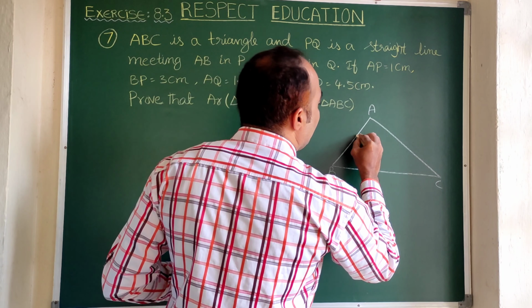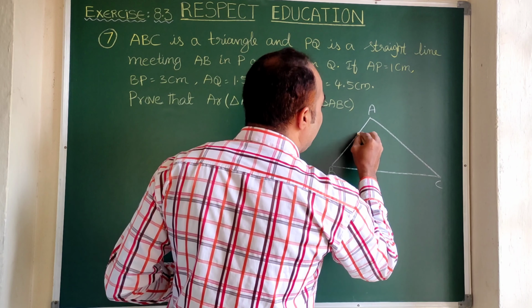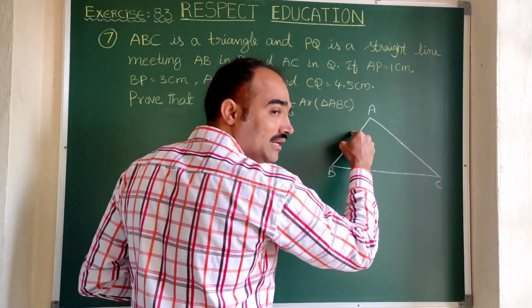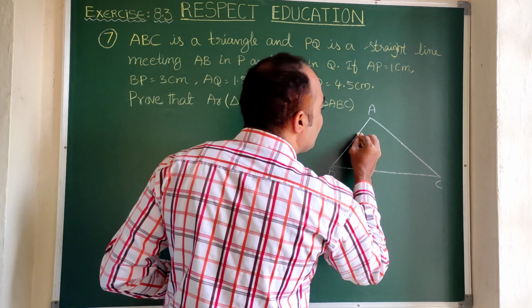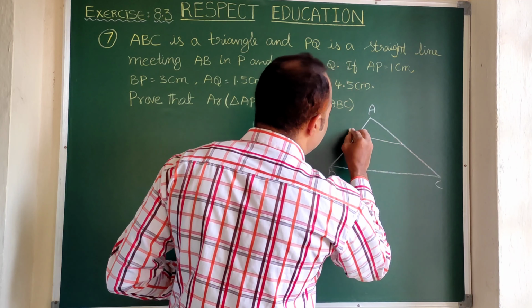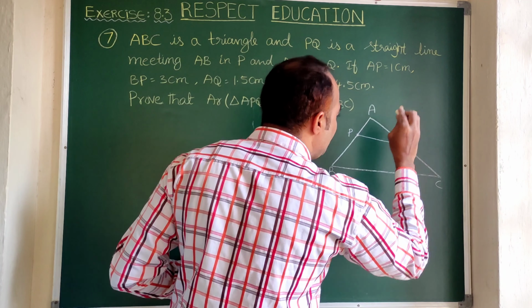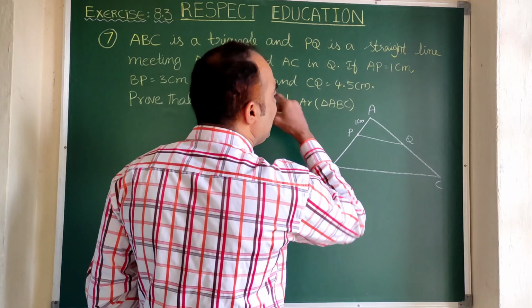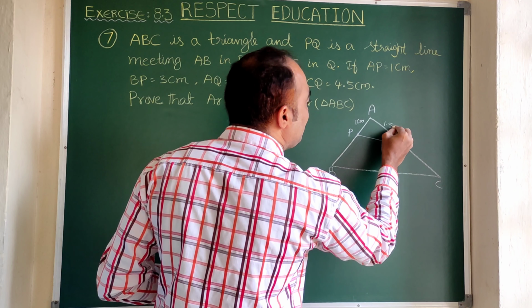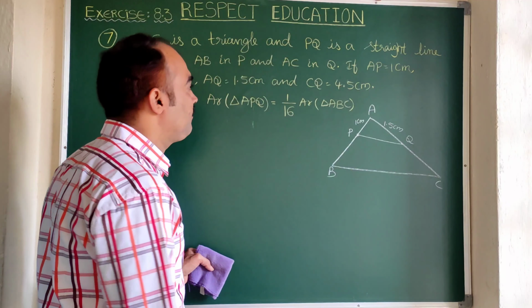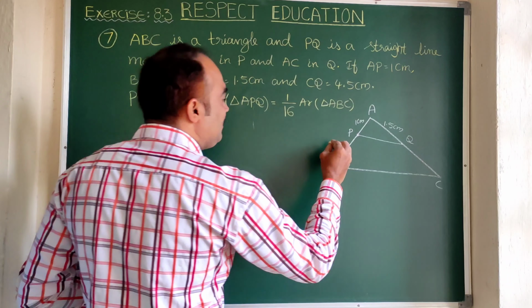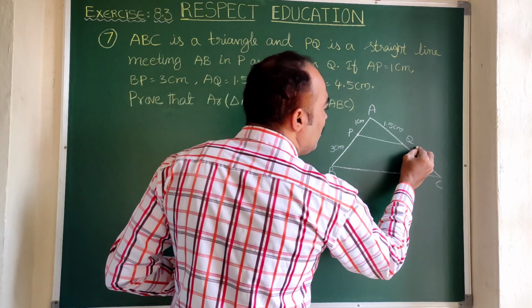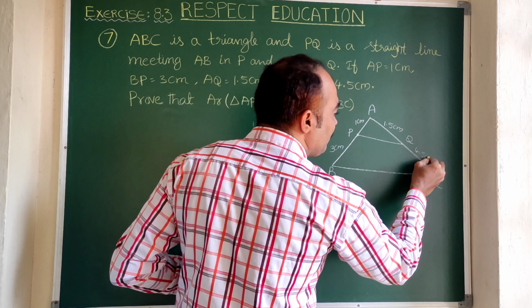So if this is P and this is Q, this is 1 centimeter and AQ is 1.5 centimeter. Right. Now BP is 3 centimeter and CQ is 4.5 centimeter.